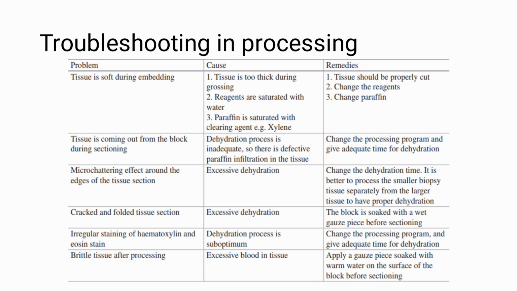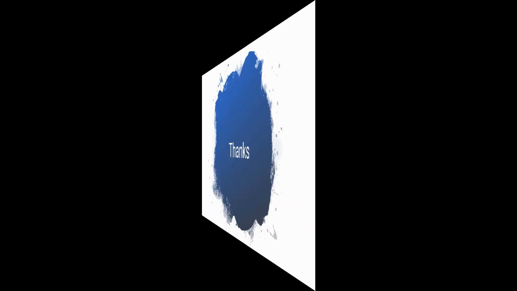So these are the different problems that come during the processing of tissue, along with their causes, their remedies, and how to remove these problems. All of these are written in this section.